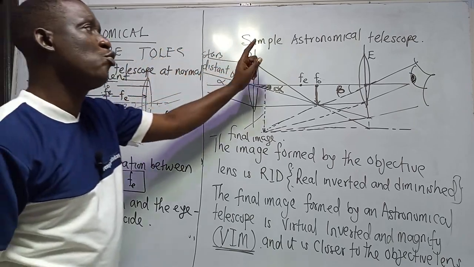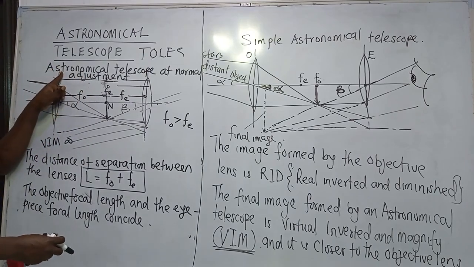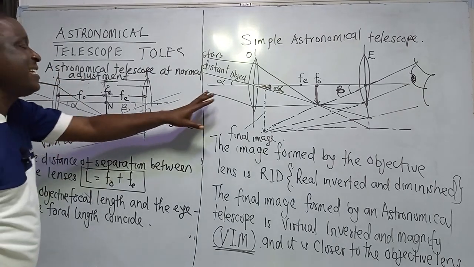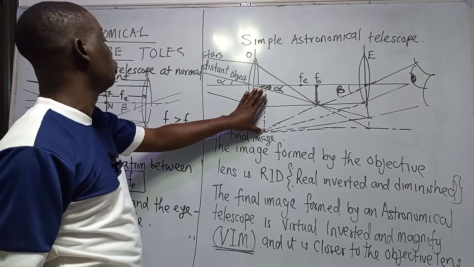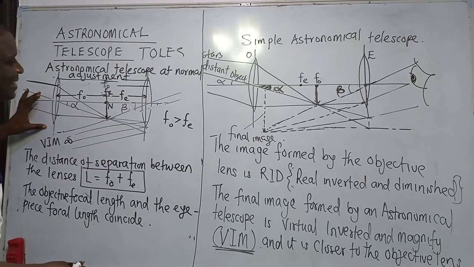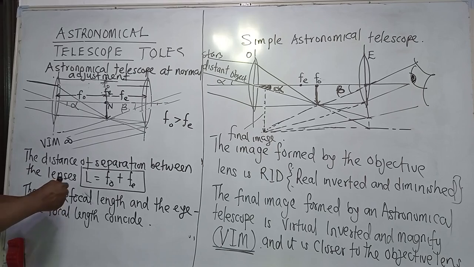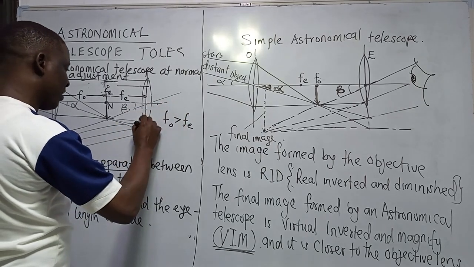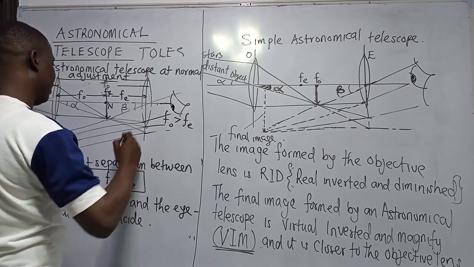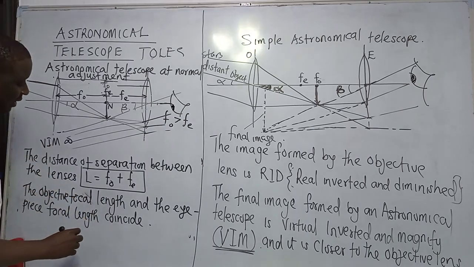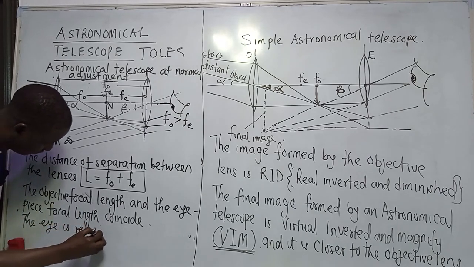In a simple astronomical telescope at normal adjustment, the image is virtual, erect and magnified, and it is at infinity.